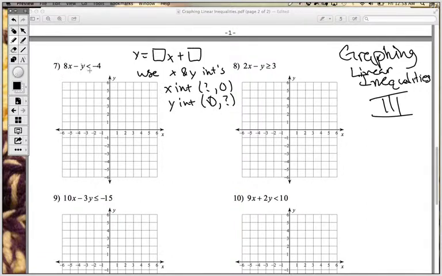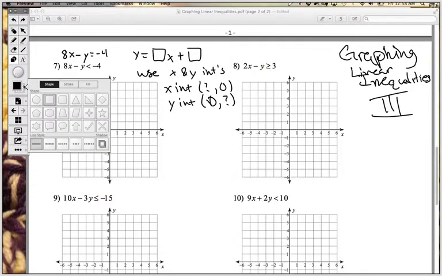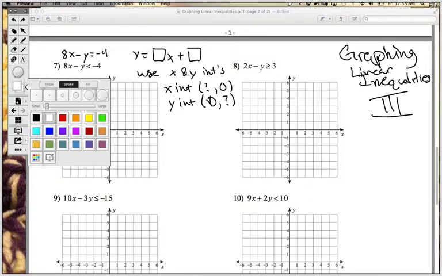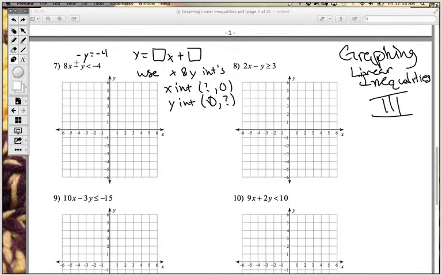So if I'm looking at this more like an equal sign, like 8x minus y equals negative 4, let's start by making one of the terms 0. Well, the first term, 8x, if I make that a 0, that's almost like covering it up, because it's this term right here. If that makes a 0, then all I have is negative y equals negative 4.